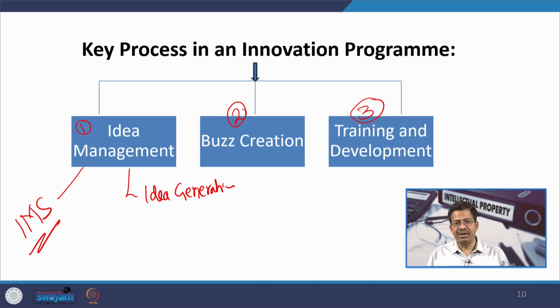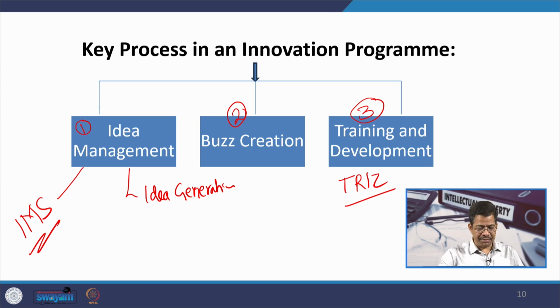I can teach you TRIZ. These are all possible tools, and we need to see how we are going to impart training to our employees, to our customers, to all the important stakeholders, so that they become more proactive in developing ideas. So, that is the third important part of our innovation program activity.